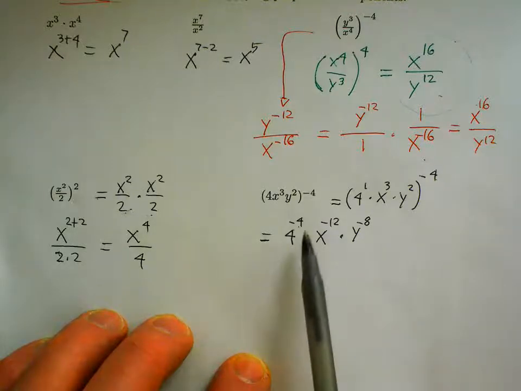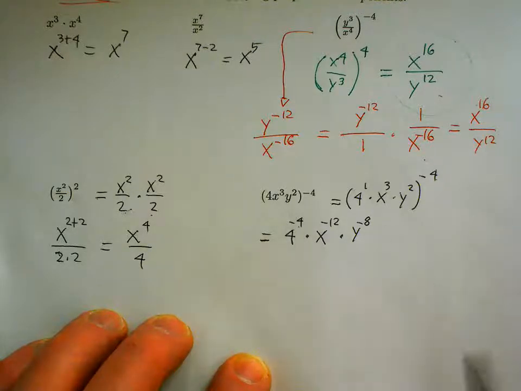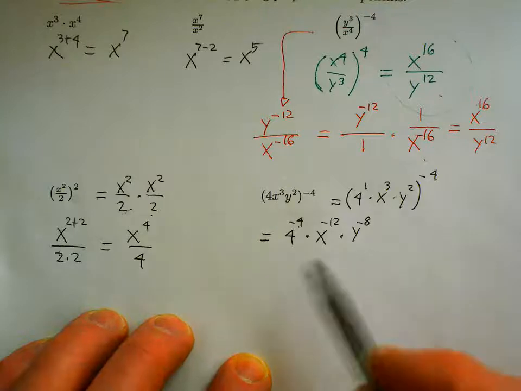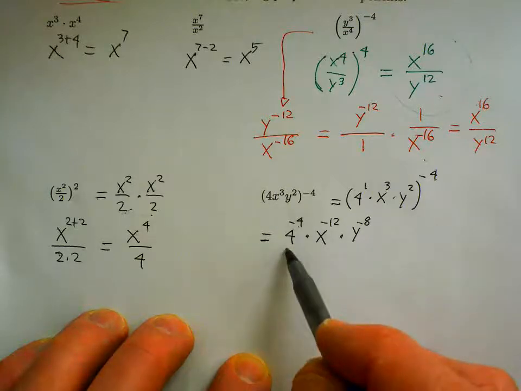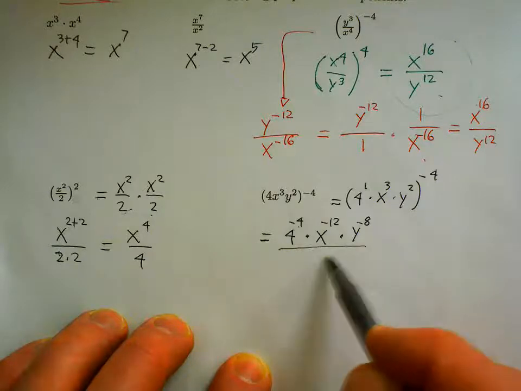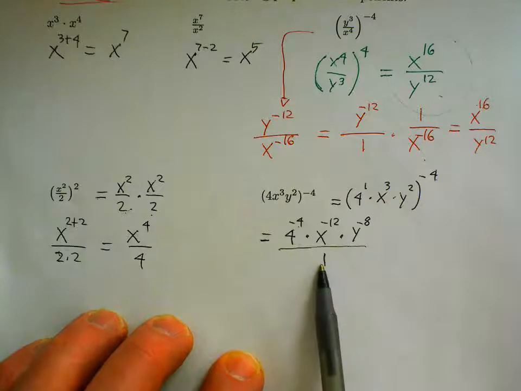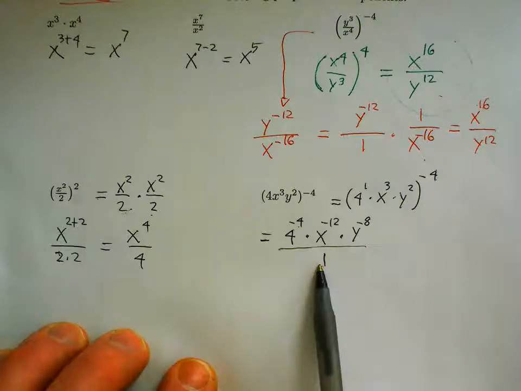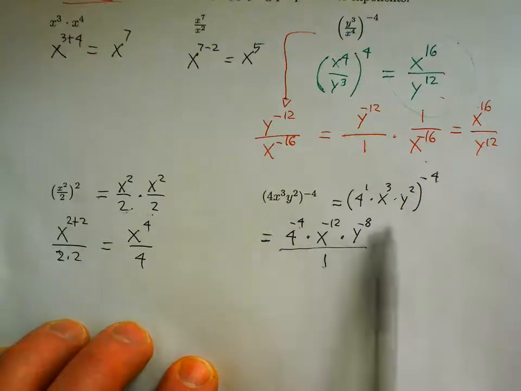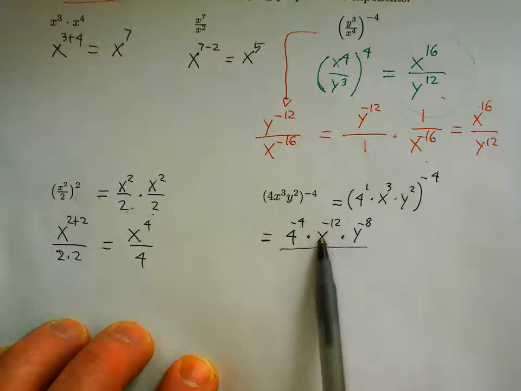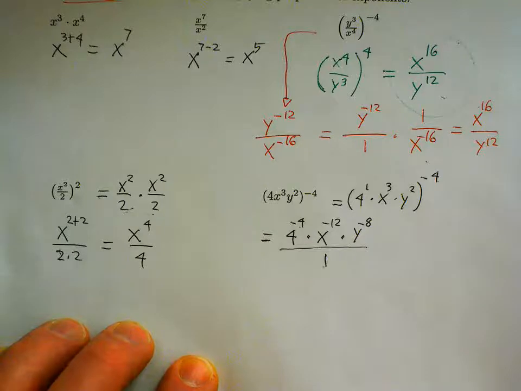In the end, we want only positive exponents. But this is like having a denominator of 1. When the denominator is 1, we don't usually write it, but since we have terms with negative exponents in the numerator, eventually we're going to have a denominator with something other than 1.